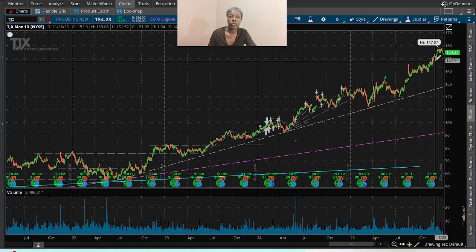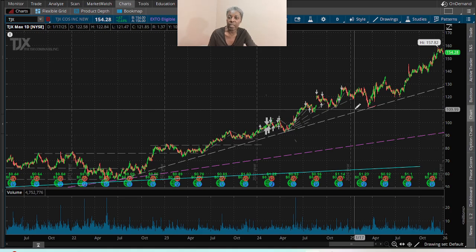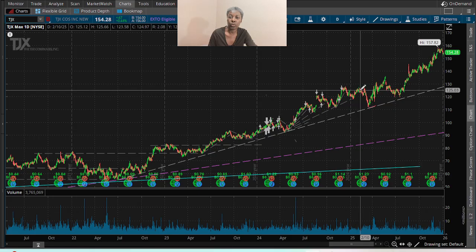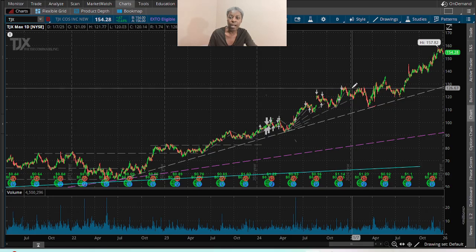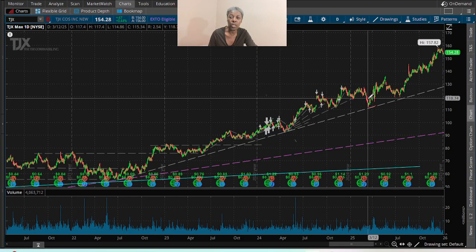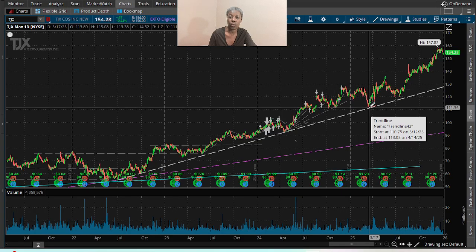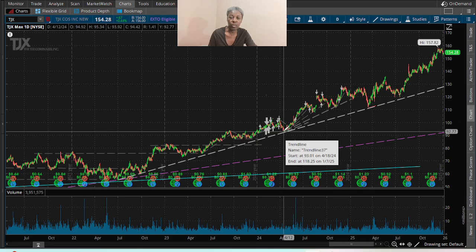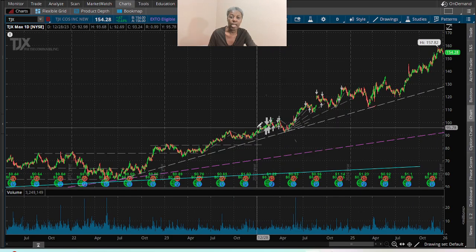Keep in mind that it can continue to go up a little bit right after the new year before it will pull back. Last time it pulled back was more like in March, and here was in April, and so forth.